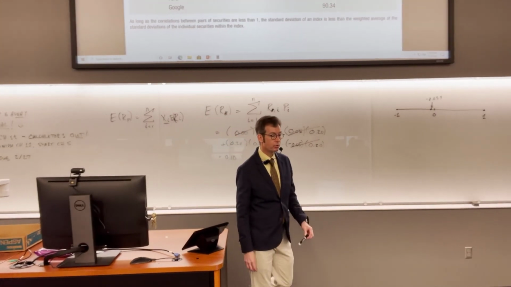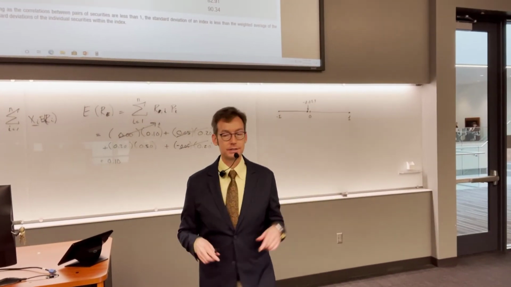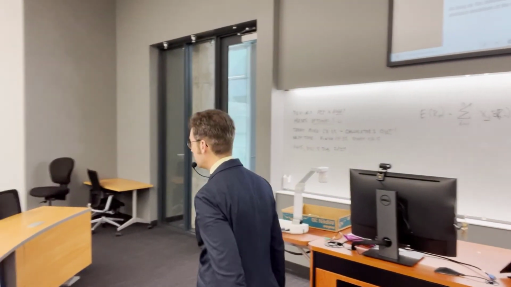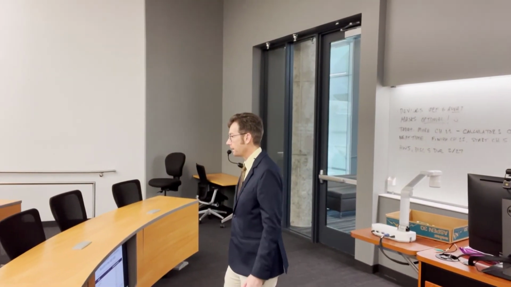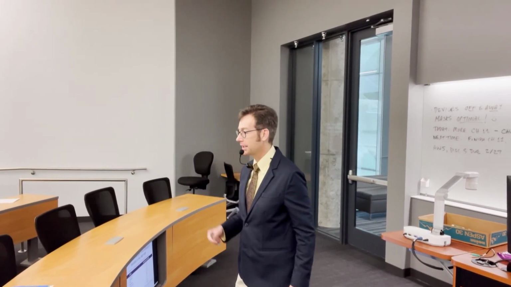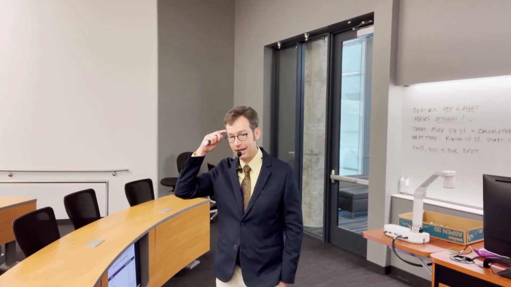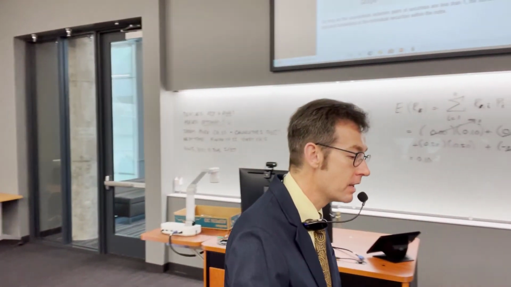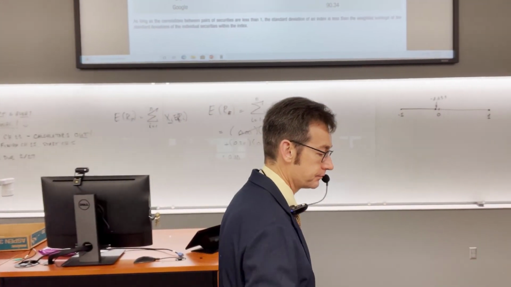So let's talk about a real world example here, and that's the diversification benefit in the S&P 500. By the way, how many stocks are in the S&P 500? 500. I've had a class one time where no one could get that one right. That was just sad. Okay, so basically you can think of the S&P 500 as being a portfolio of 500 stocks.